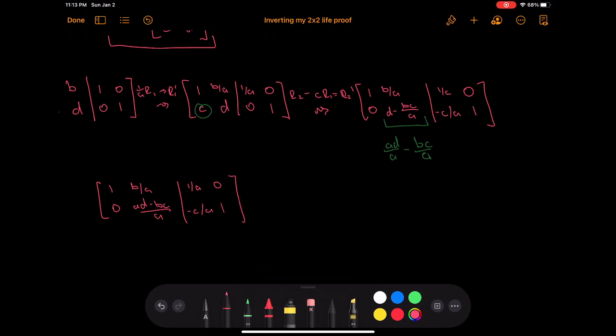And you can see here our AD minus BC forming.